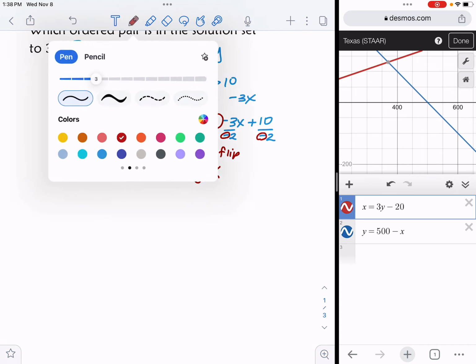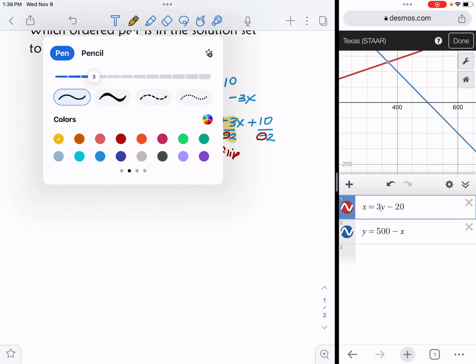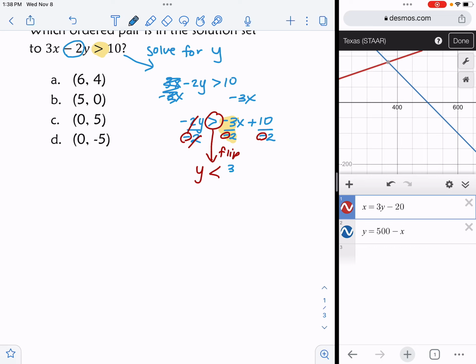And then you can simplify these fractions in Desmos if you want to. -3 divided by -2 would give you a positive 3/2. And then positive 10 over -2 would give you a -5.